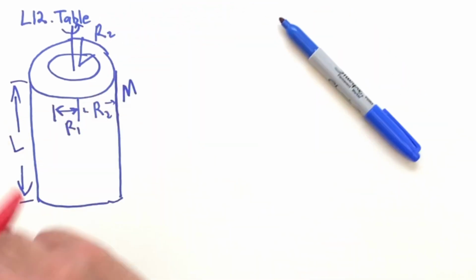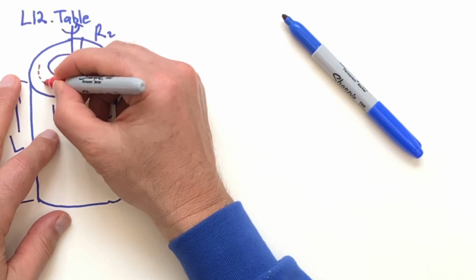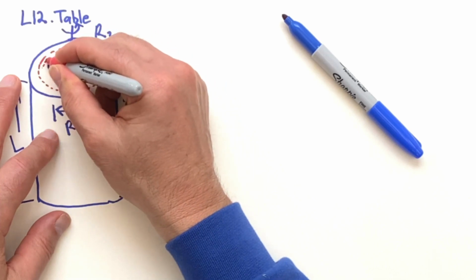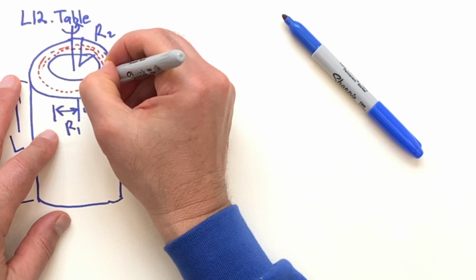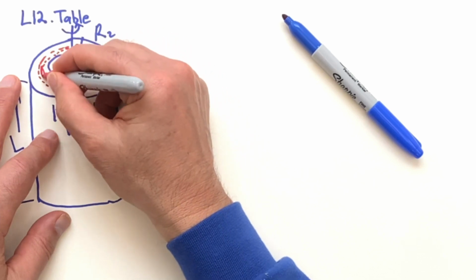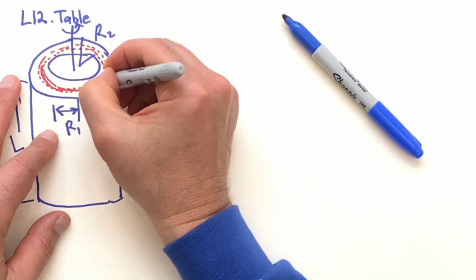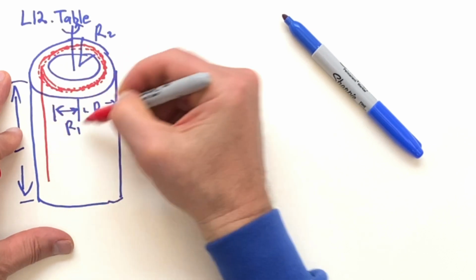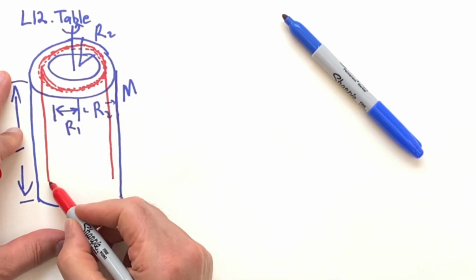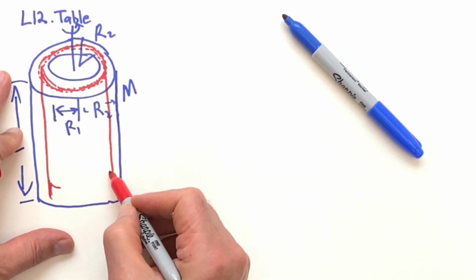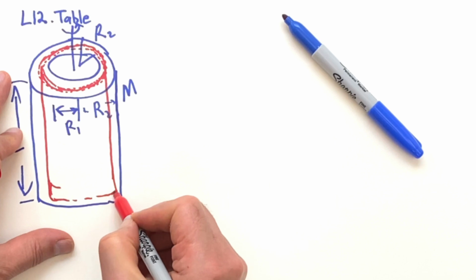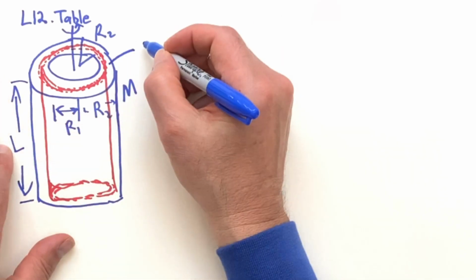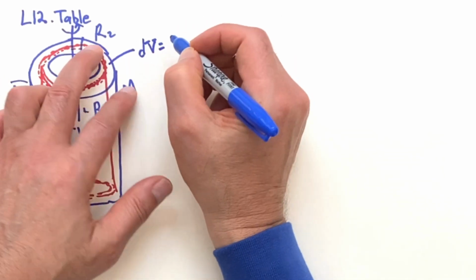And then what you do is you find an element, a little ring, a little shell, a little dV, a volume element.